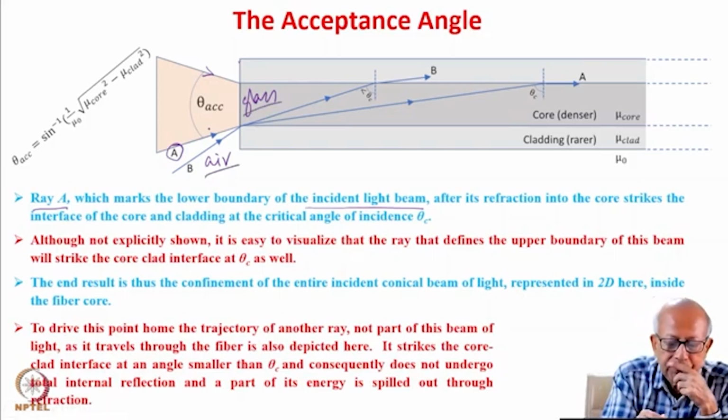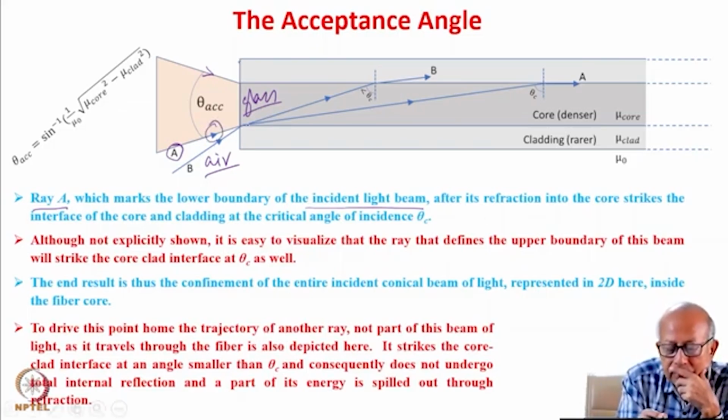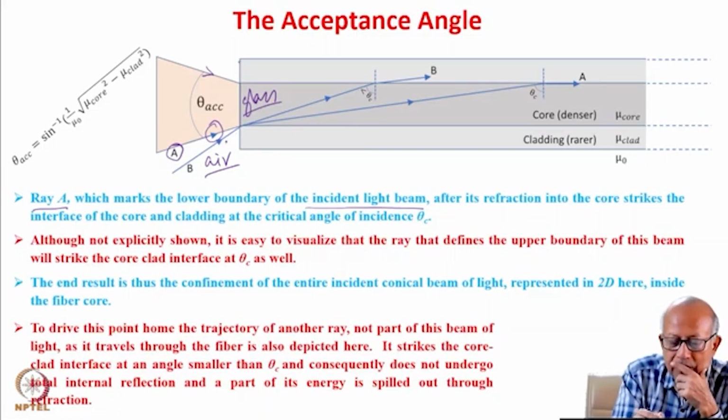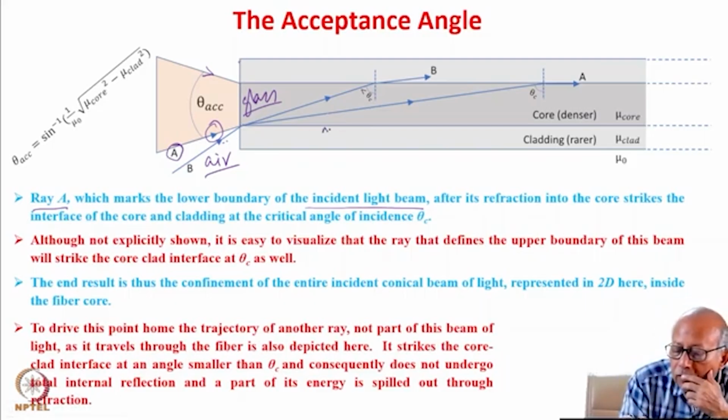Now we pick up this ray A, and as it strikes this, it will undergo a refraction because it is incident from air on the air-glass interface. So as it enters the glass, it will undergo refraction at this point. So this is the normal to this.